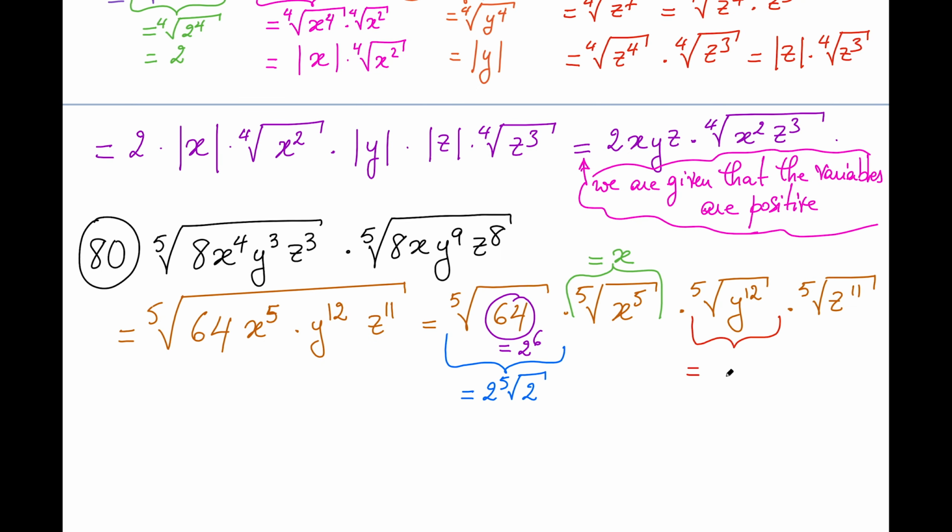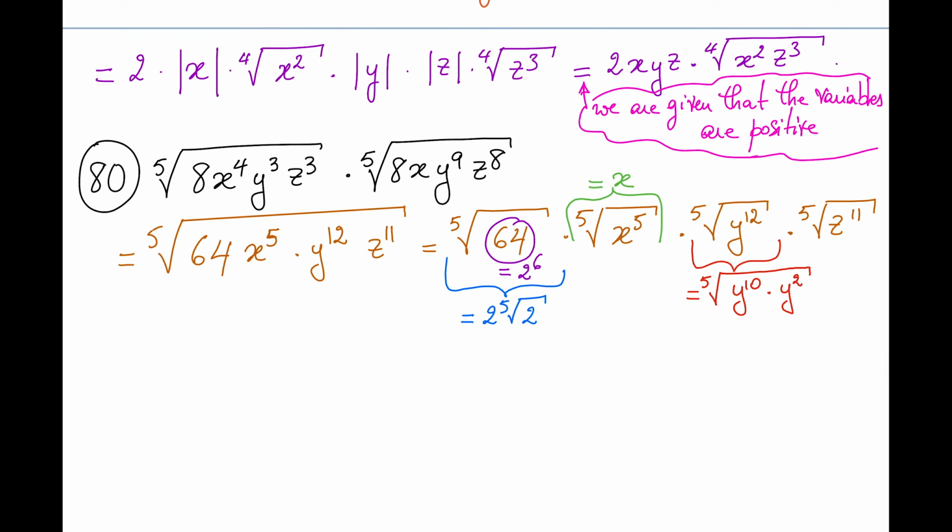So we can rewrite the fifth root of y12 as the fifth root of y to power 10 times y squared, which is the same as the fifth root of y to power 10 times the fifth root of y to power 2.